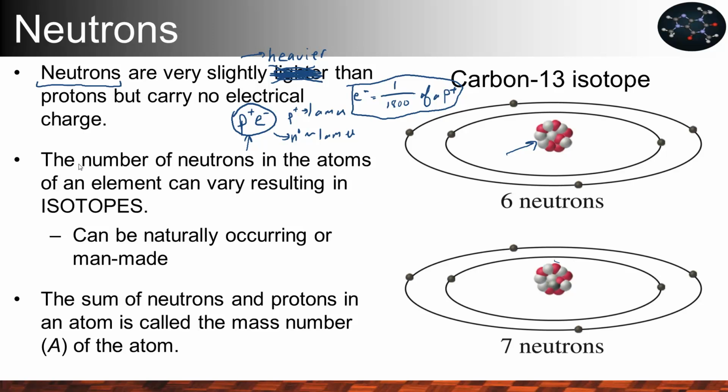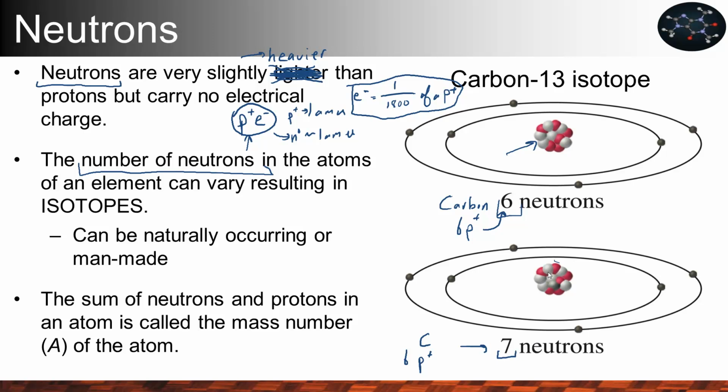Now, you can have different numbers of neutrons in the same kind of atom. I can have carbon, meaning 6 protons, and this particular type of carbon also has 6 neutrons. I can also have a carbon, meaning 6 protons, that has 7 neutrons in it.